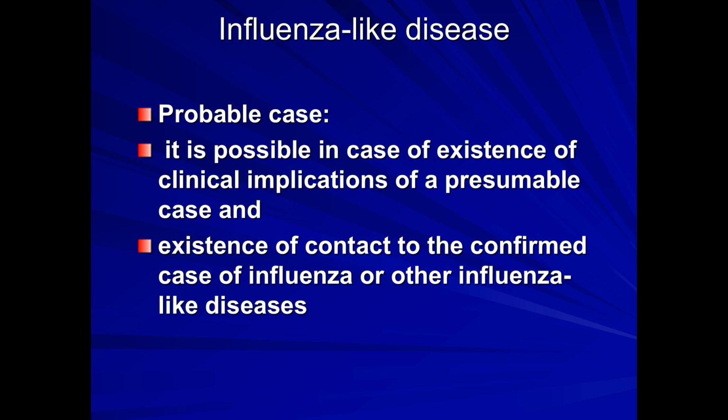Probable case: it is possible in case of extent of clinical implication of a presumable case and existence of contact to the confirmed case of influenza or other influenza-like diseases.